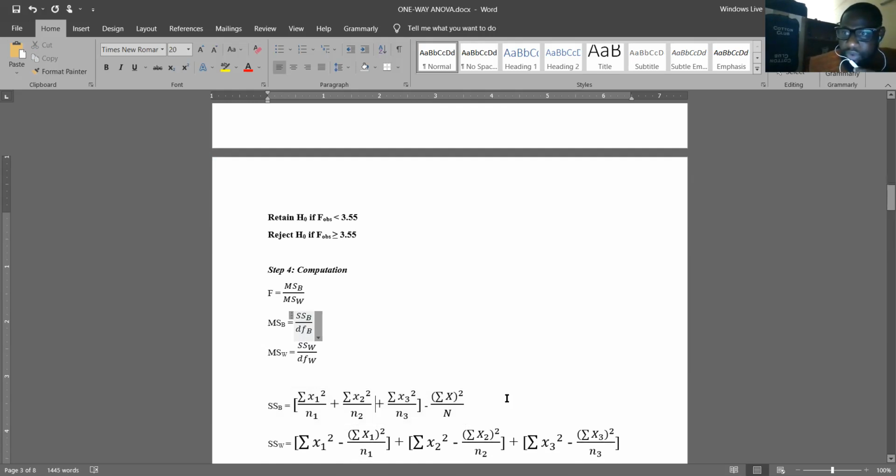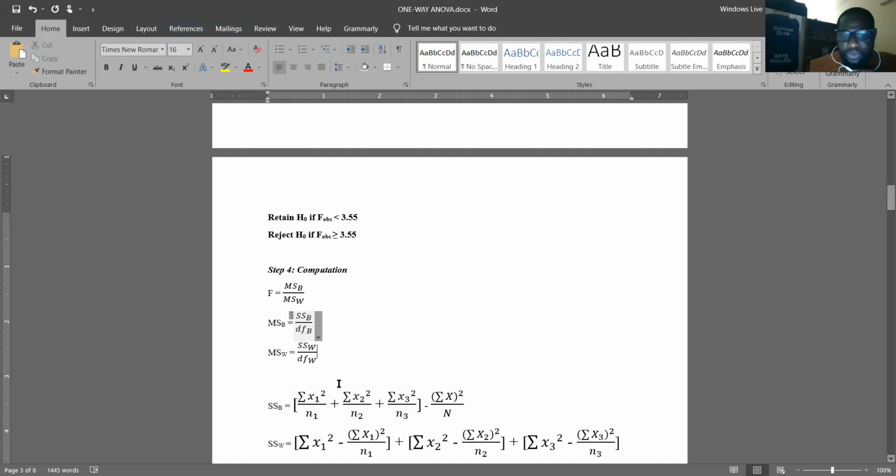They are quite simple and related to the independent t-test, what we did. You remember I said with independent t-test, whenever you see these subscripts, it just tells you that subscript number 1 is for group 1, number 2 is for group 2, number 3 is for group 3. So you can just ignore the subscript.